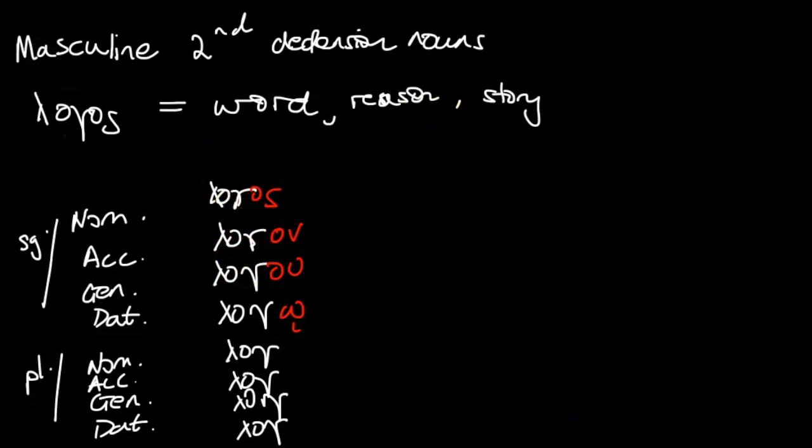This is the only one that doesn't, because as you may recall, the masculine nominative definite article singular is ho and not hos. But apart from that, it's the same. And then the plural is identical. So it goes logoi, logous, logōn, logois. Okay?